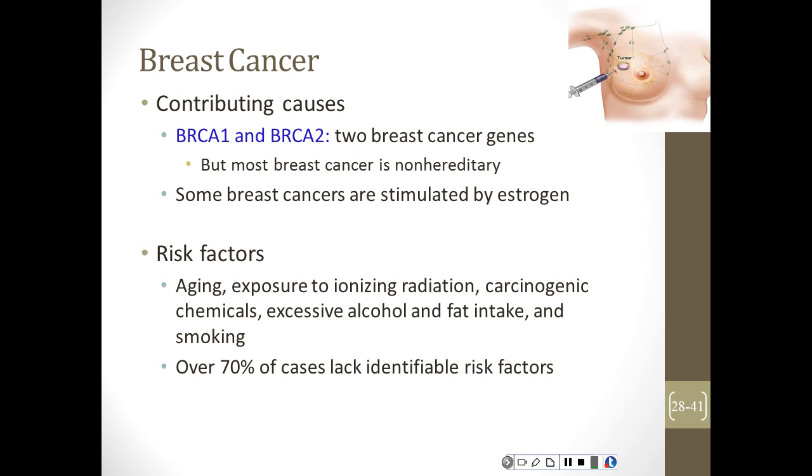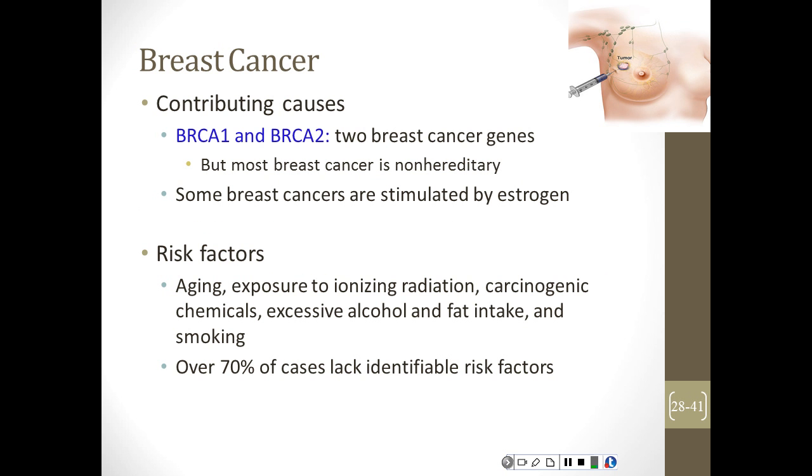Most breast cancer is non-hereditary. Some breast cancers are stimulated by estrogen, and therefore breast cancer is more common among women who begin menstruation early and reach menopause late. Wow.